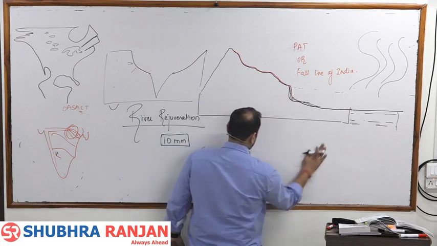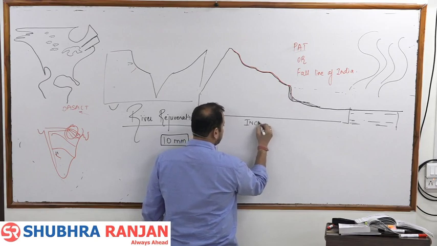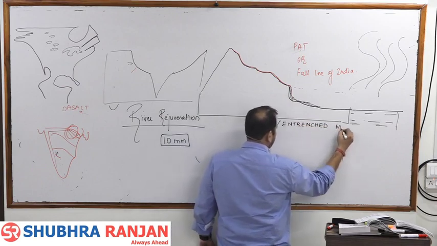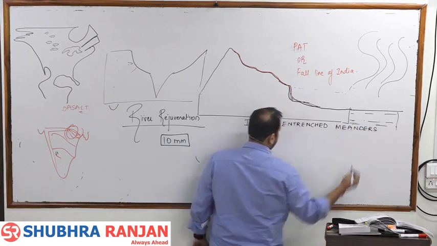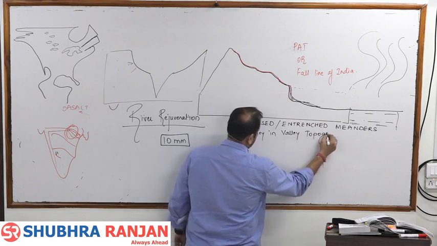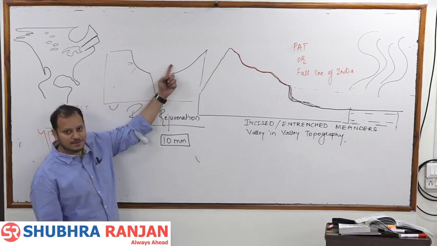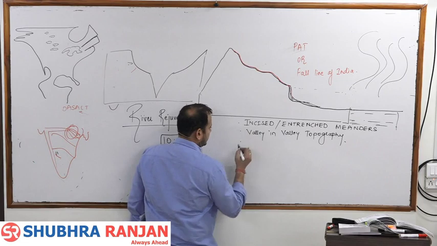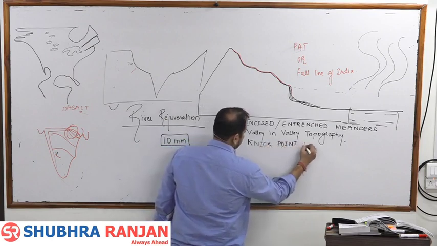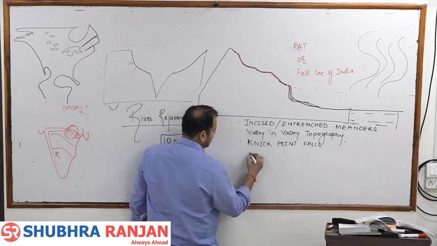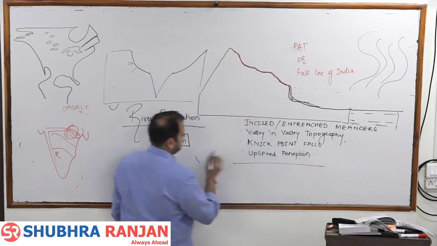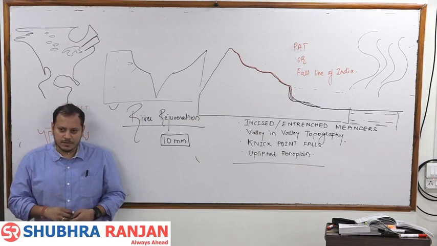Which has features such as meanders, valley in valley topography. This is a separate topic which we'll study as second cycle of erosion.